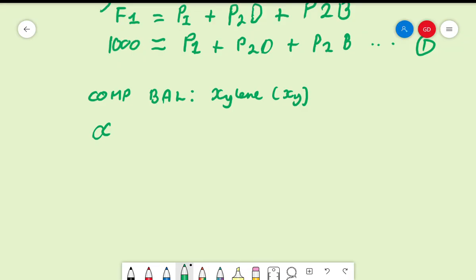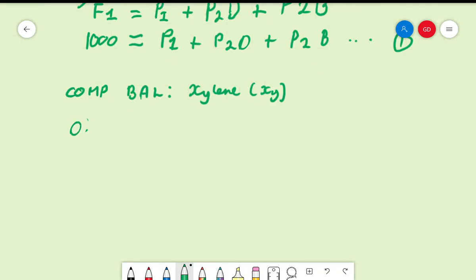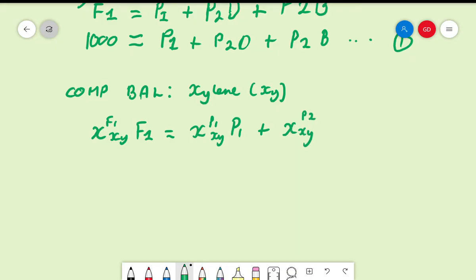Xylene in stream F1, XY multiplied by F1, is equivalent to xylene in P1 multiplied by P1, plus xylene in P2D multiplied by the total stream P2D, plus xylene in P2B multiplied by the total stream of P2B.